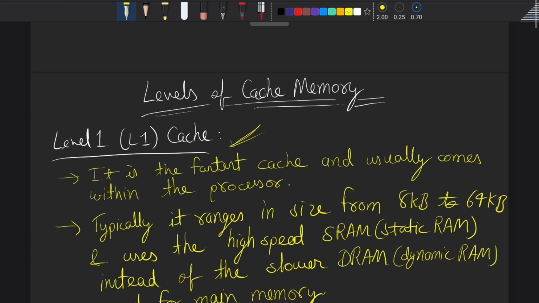Typically, it ranges in size from 8 KB to 64 KB and uses the high-speed SRAM, static RAM. We already discussed static RAM and dynamic RAM in the previous video.